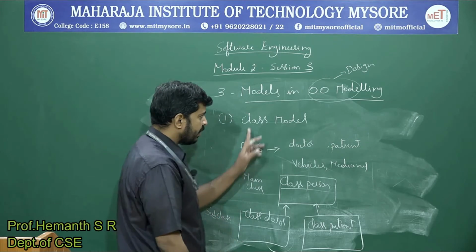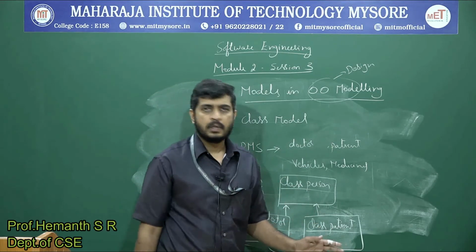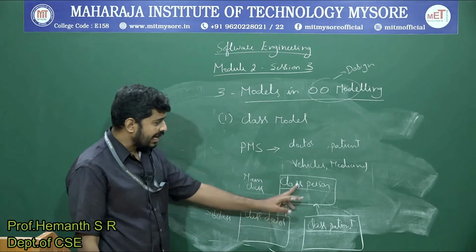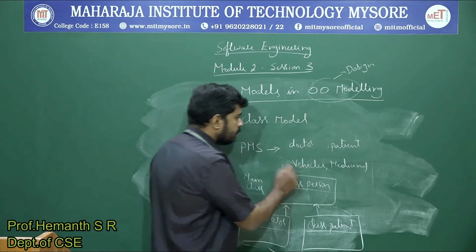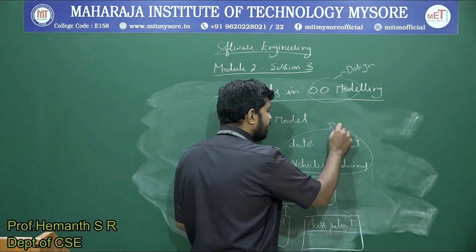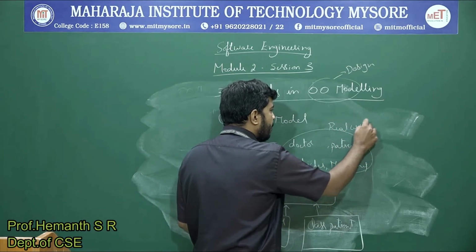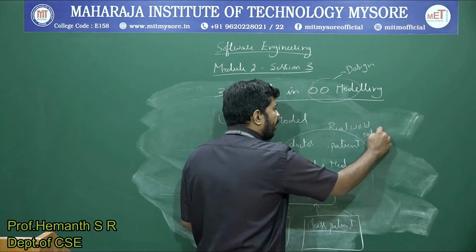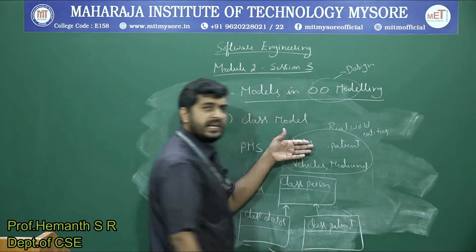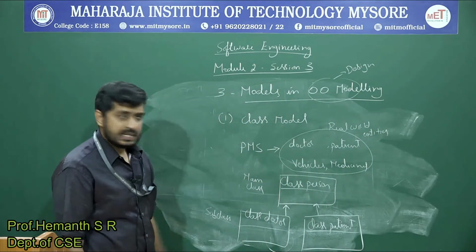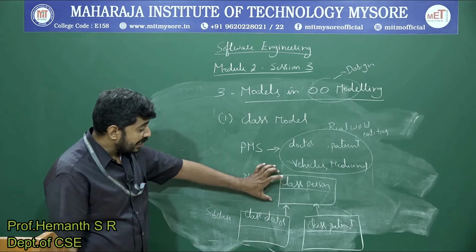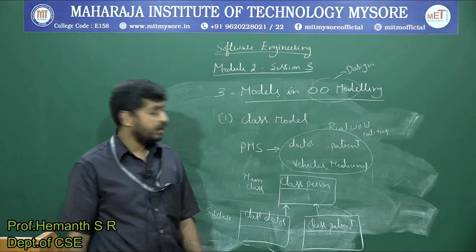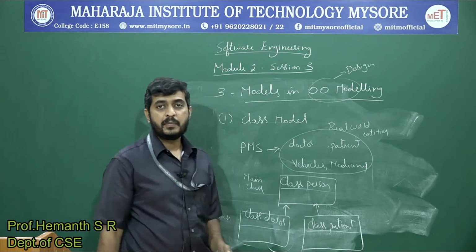Now what exactly are we doing in class modeling? We try to identify classes from the real world entities, and even subclasses. Not only identifying the class and subclass, we try to build the relationship between them.